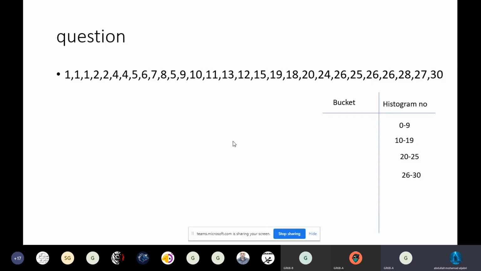You need to tell me the bucket. From 0 to 9, you tell me how many numbers are from 0 to 9. You can do the graph to help you. Start. You have 5 minutes.